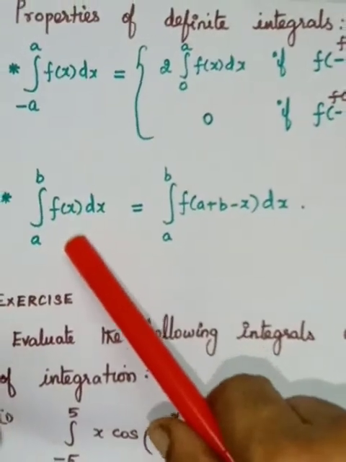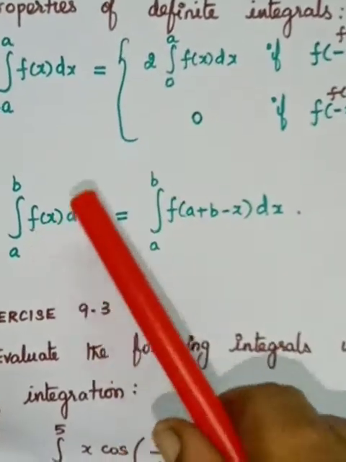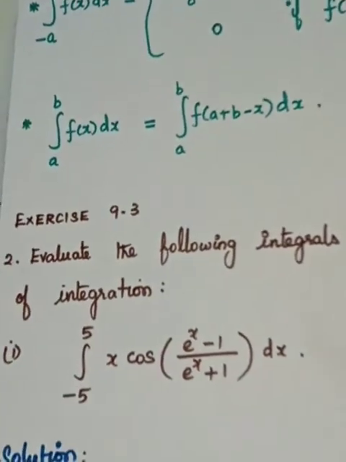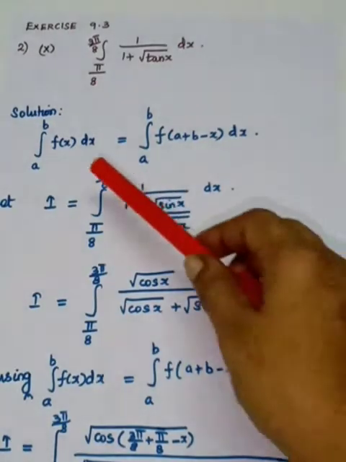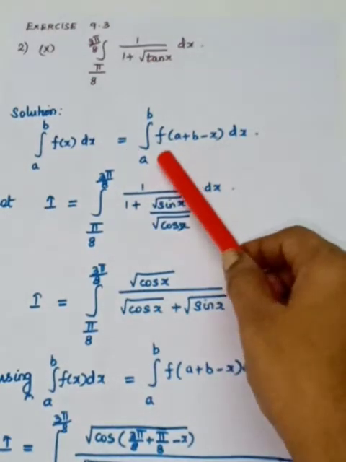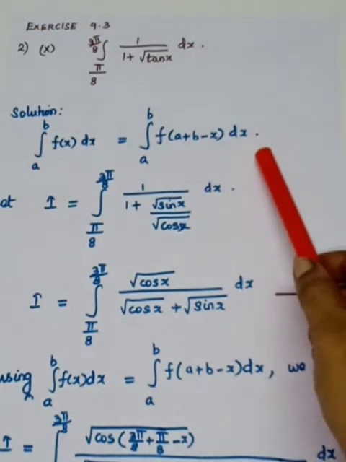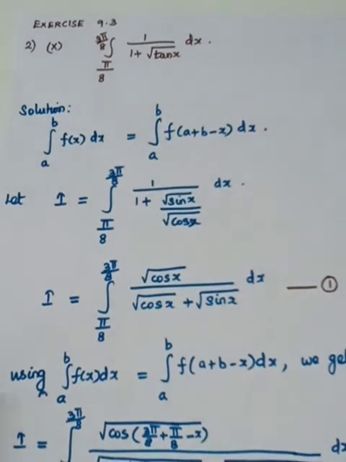After replacing x by a plus b minus x, both the integral values are the same. So this property I am going to use. For that you take the question.